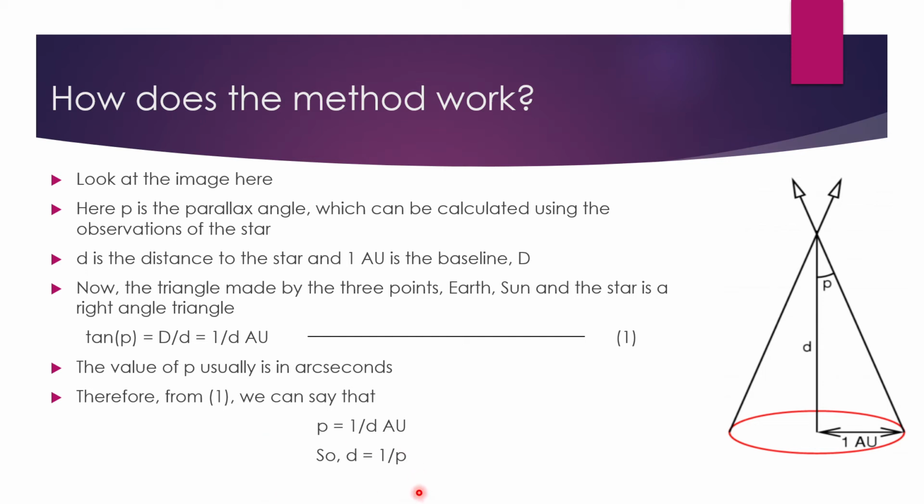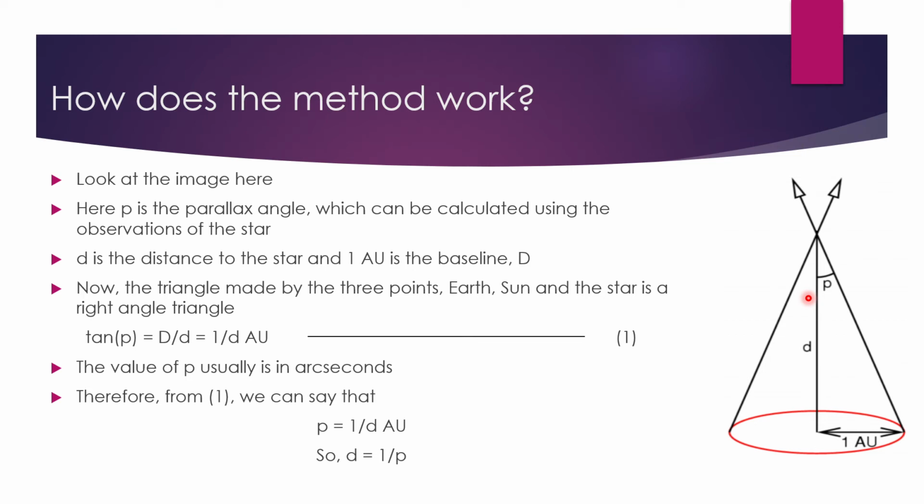So now in the last video I said that the parallax method is used to calculate distances to nearby stars. If the star is far away, then this method does not work. The reason behind this is that there is a limit to the observations. The instruments which we use to observe the parallax angle cannot measure the parallax angle below a fraction of an arc second.